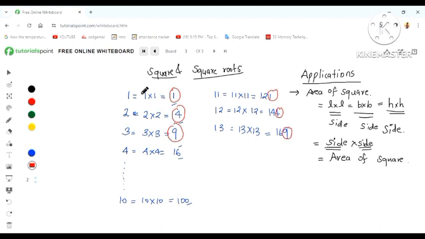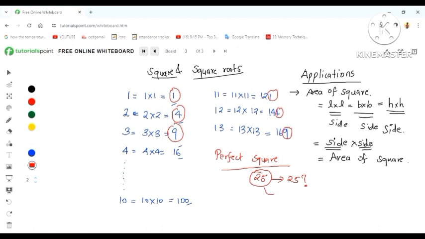The motive of telling you this concept is that if you are given a large random number, you can check whether it is a perfect square or not. What is a perfect square? Suppose in a question the given number is 25 and someone asks whether it is a perfect square.